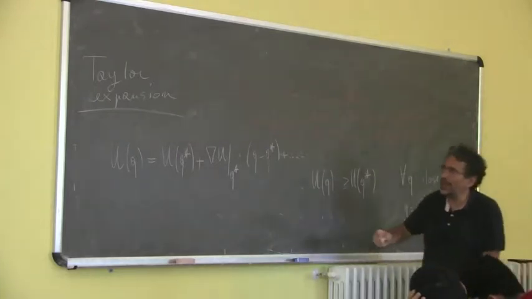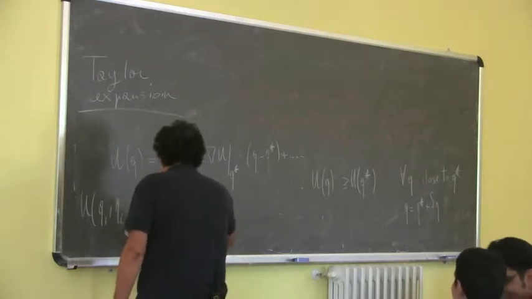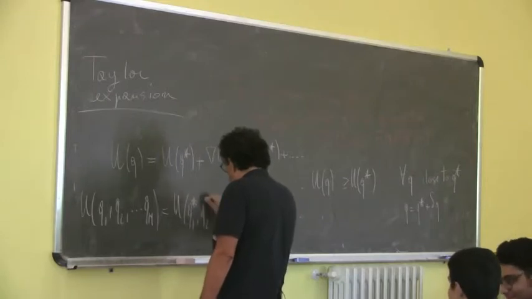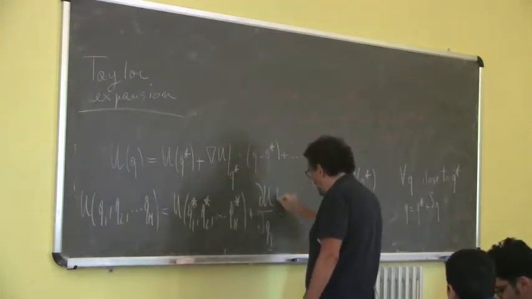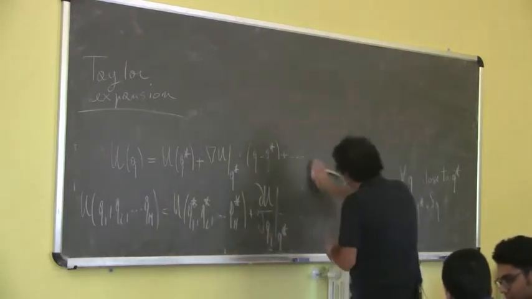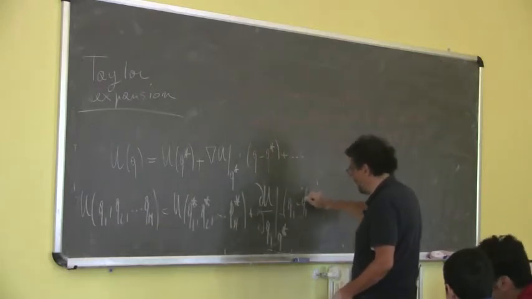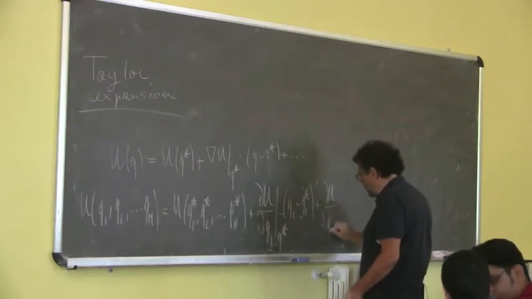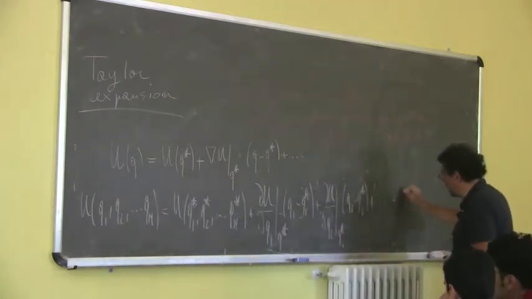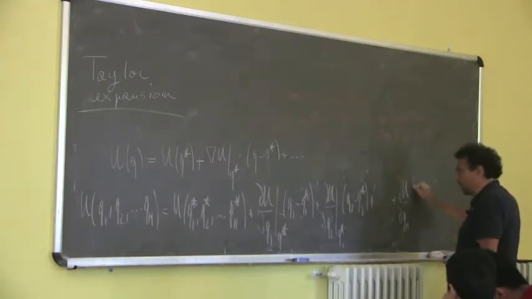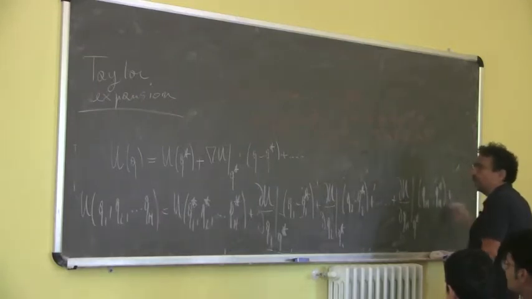Now you can write it in this way: U(Q1, Q2, ..., Qn) equals U(Q1*, Q2*, ..., Qn*) plus dU/dq1 calculated in Q* times (Q1 minus Q1*) plus dU/dq2 calculated in Q* times (Q2 minus Q2*) plus ... plus dU/dqn calculated in Q* times (Qn minus Qn*) plus, you see, it is already bigger.